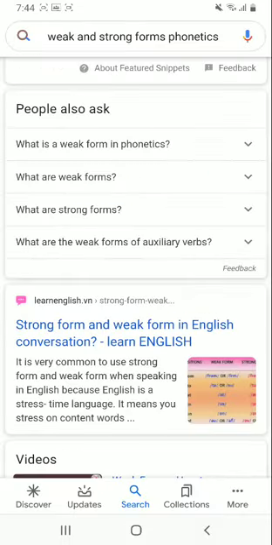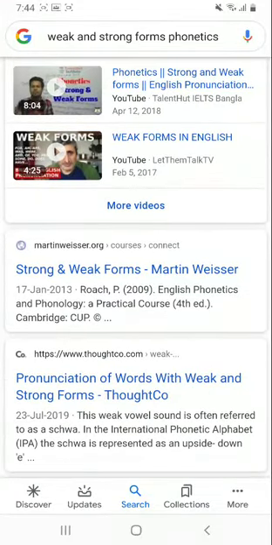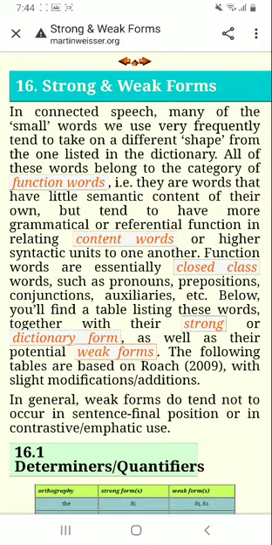Then let me show you some other forms. See, small words have different shapes.